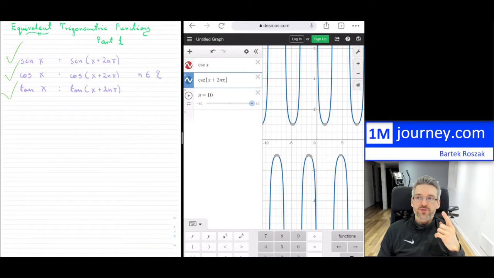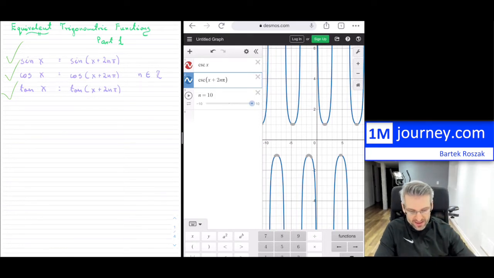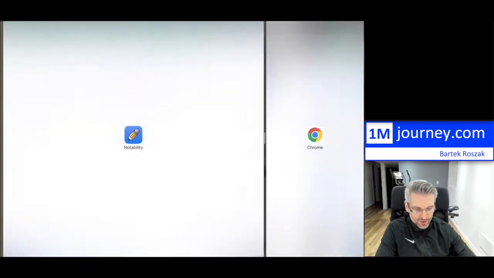So that's the first thing in terms of equivalence, and that you should remember. This one isn't that hard to remember. If you're going to shift the trigonometric functions by 2π or some multiple of 2π to the left or to the right, it's basically just a translation. It's just that period. So those are going to be the same. So that's the first item that I wanted to point out.